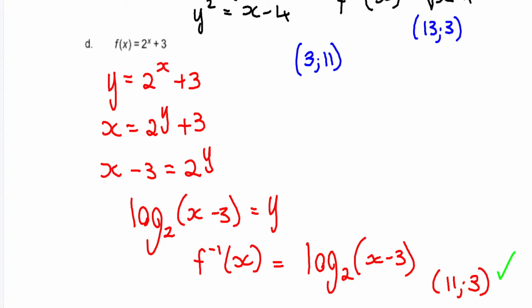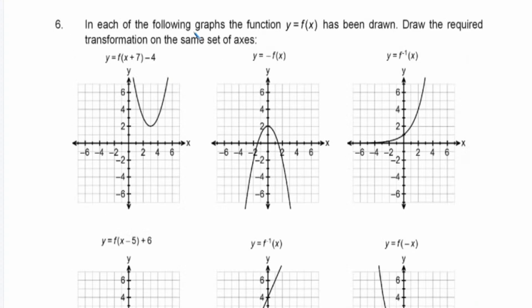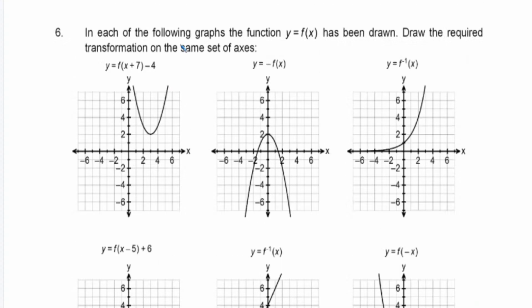Okay, right, question number 6. Cool question. They've drawn us some functions and they ask for this sort of transformation function. So over here, f of x plus 7 minus 4, this is f of x, right? Adding 7 to the x values and subtracting 4, this thing is going to move 7 to the left and 4 down.